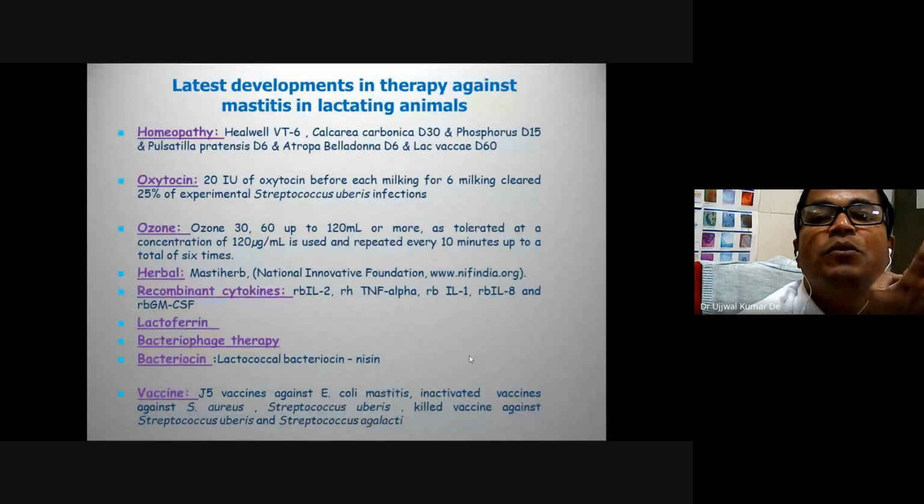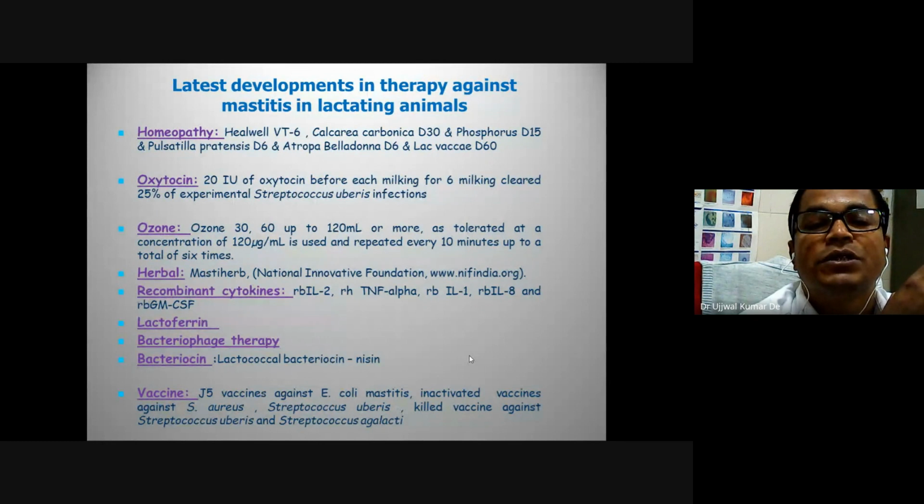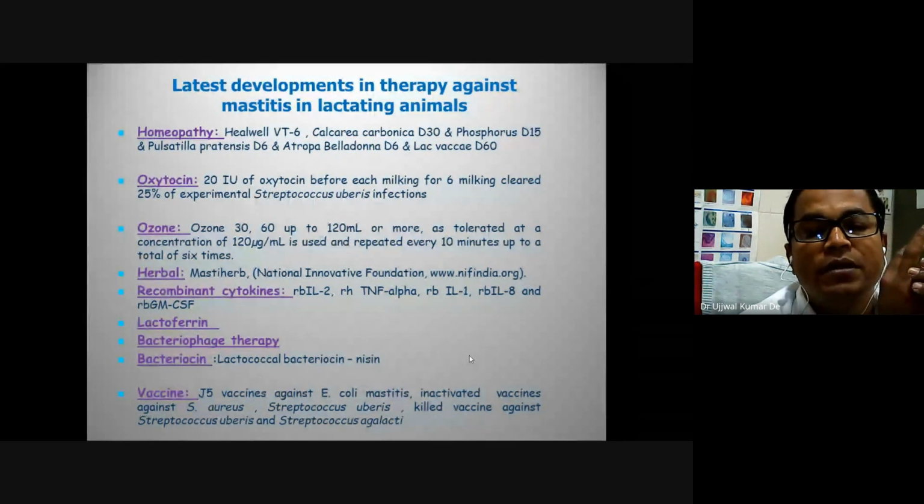So what are the latest developments and other therapies, including homeopathy, from the literature? There is oxytocin, but there is a problem with oxytocin. There is ozone therapy, herbal products, natural products, then cytokines, lactoferrin, bacteriophage therapy, bacteriocins, then vaccines, the J5 vaccine, E. coli J5 vaccine.